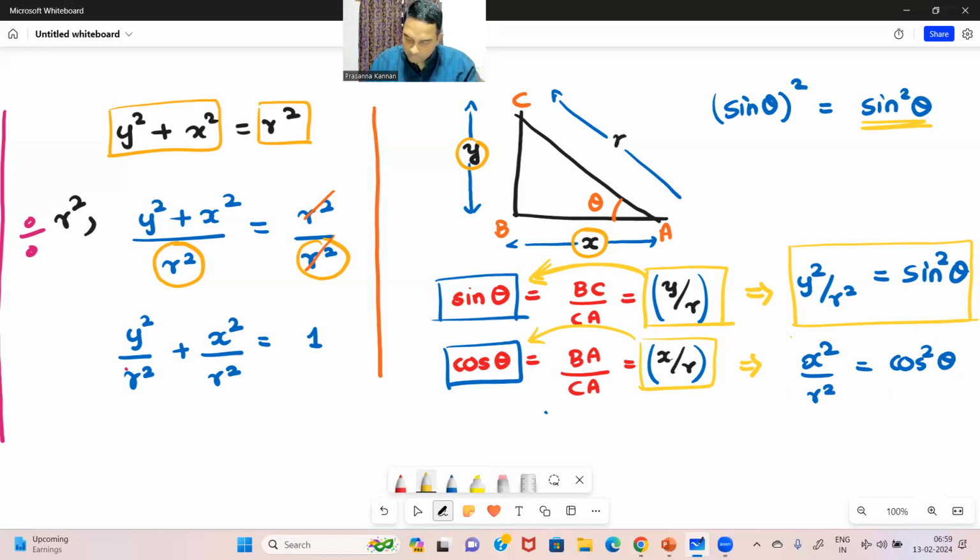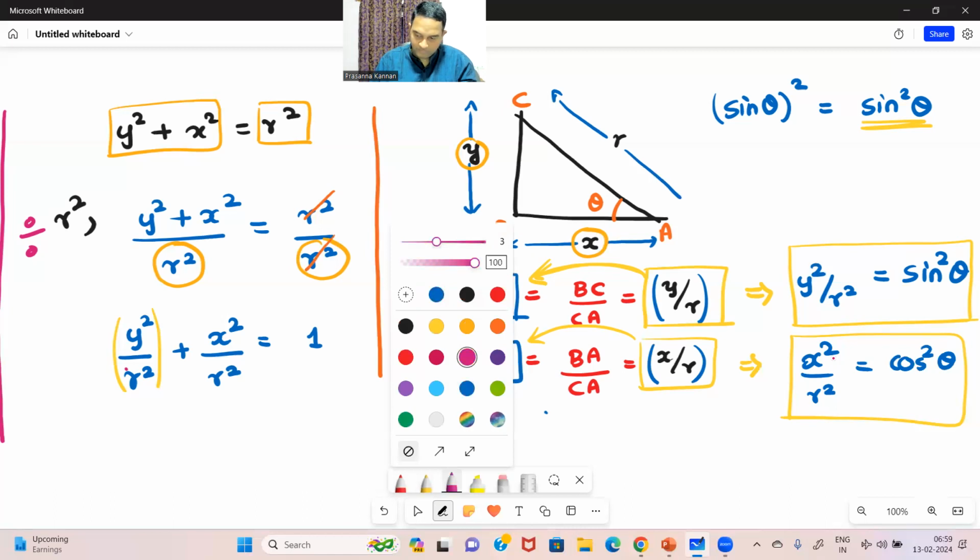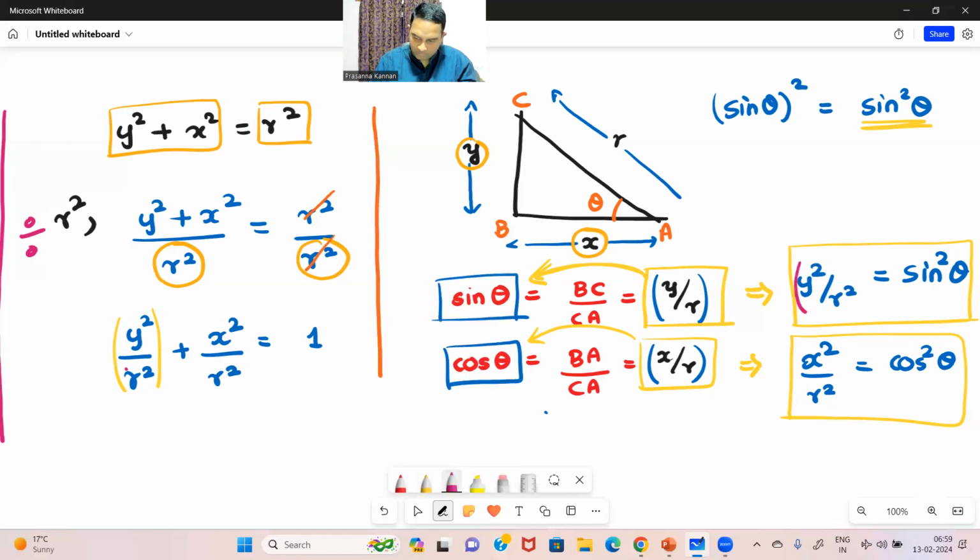Clear? Why did I write this? Because here I have squares. What is y square by r square? Sine square theta, correct? So how can I write y square by r square?